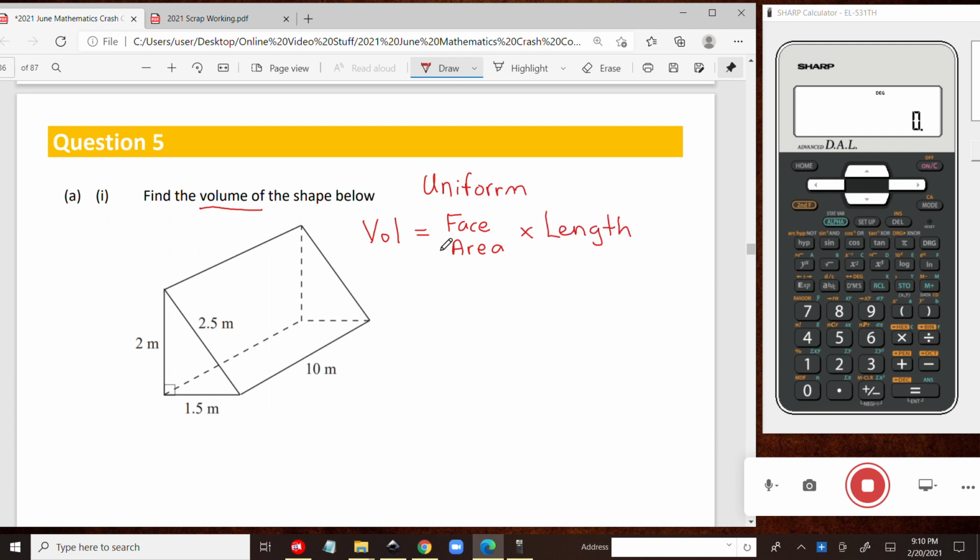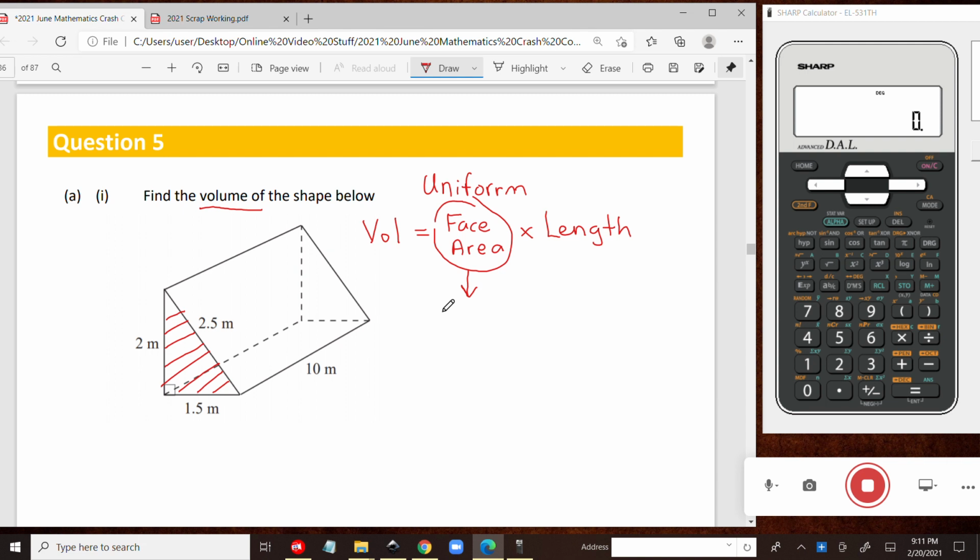In this case, if you look at the face, let me just shade the face here, you will notice that the shape is a right angle triangle. So to find the volume, we look at the face, and all we need to do is find the area of that triangle.